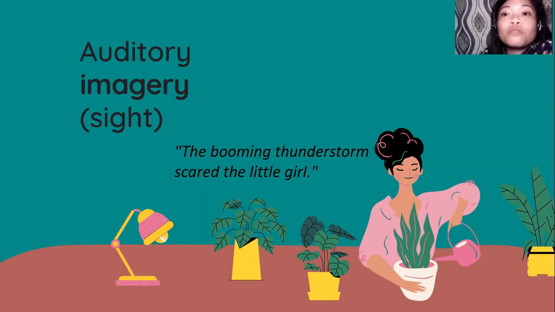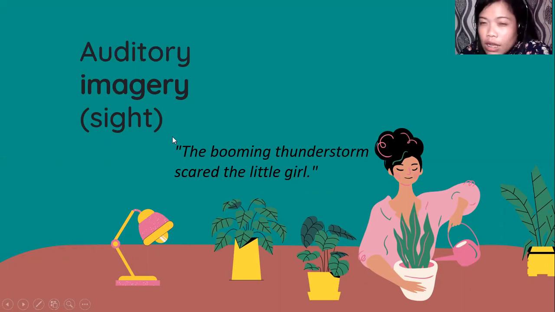Here it is the thunderstorm, because the girl was scared because she heard the thunderstorm, and it has something to do with the sense of hearing. I'm so sorry, I forgot. Please erase the earlier answer on the slide. I just forgot to edit it. It's the auditory imagery. It's the sense of hearing.